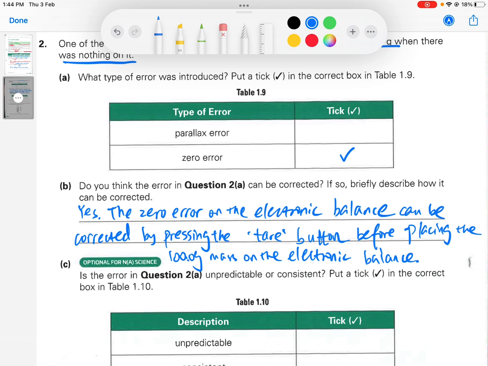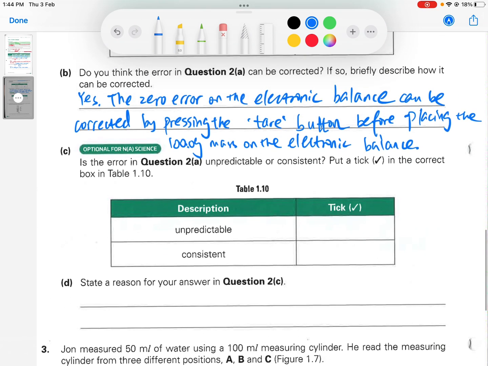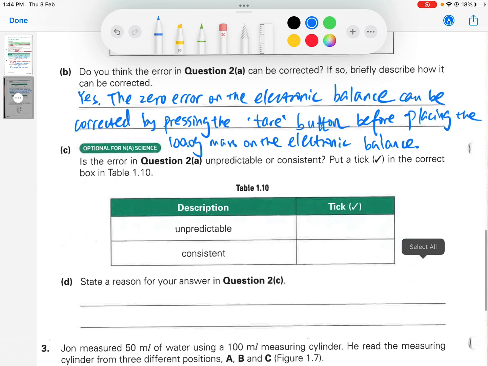That means before you measure it, we can press the tare button before we place the mass on the electronic balance. Okay, so for question C, we don't need to do it, so we can simply cancel C.